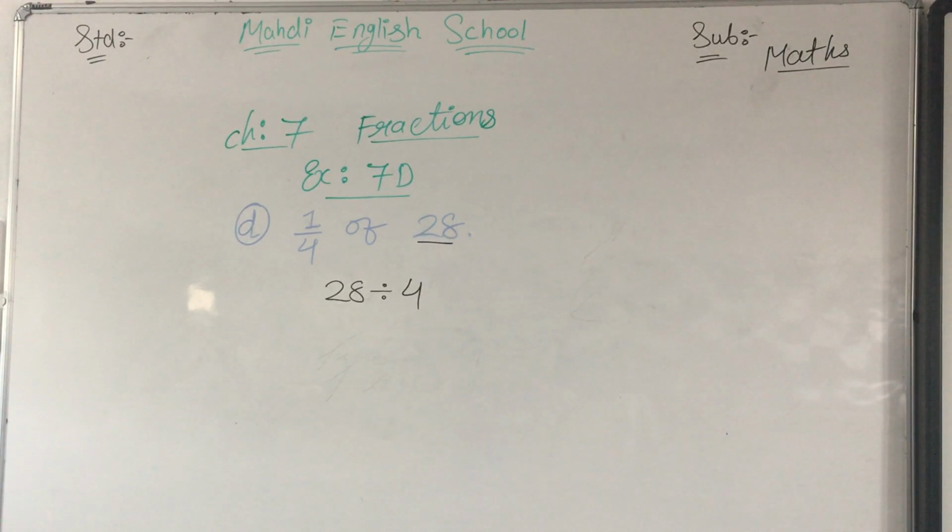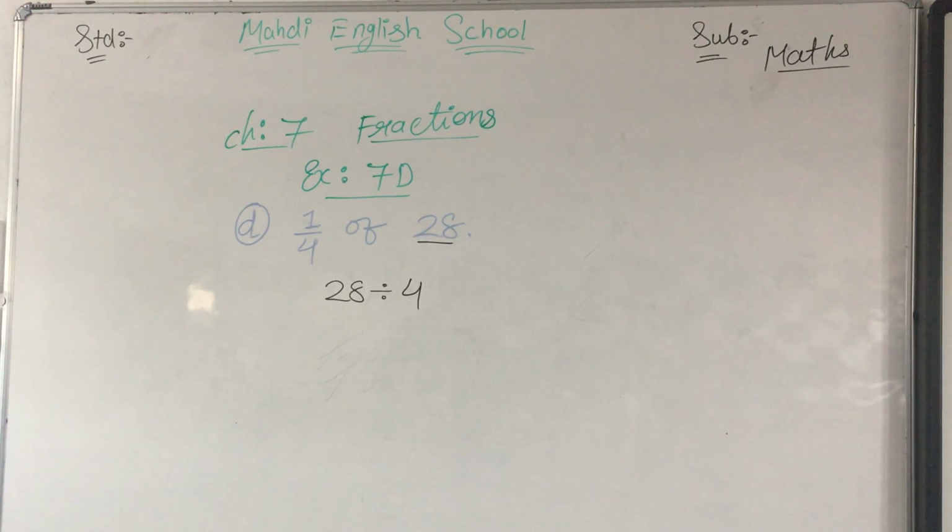So let's check, my dear students, how we do. In table number 4, will 28 come or not? Let's check. Let's think. Okay, so 4 sevens are 28.